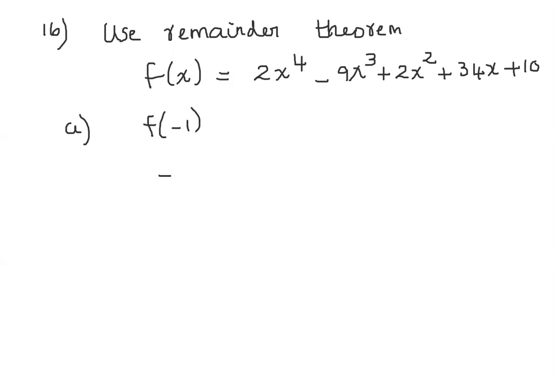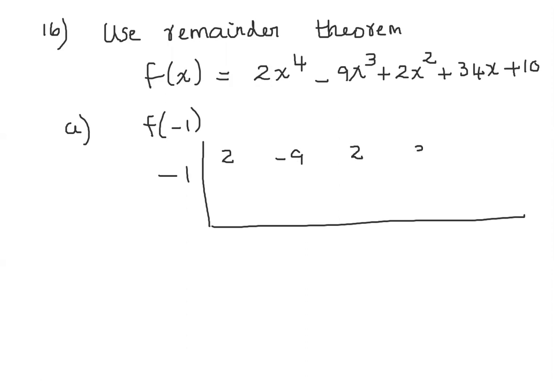That means we are going to divide this polynomial by -1. Make sure all the terms are there and make sure it's in descending order.